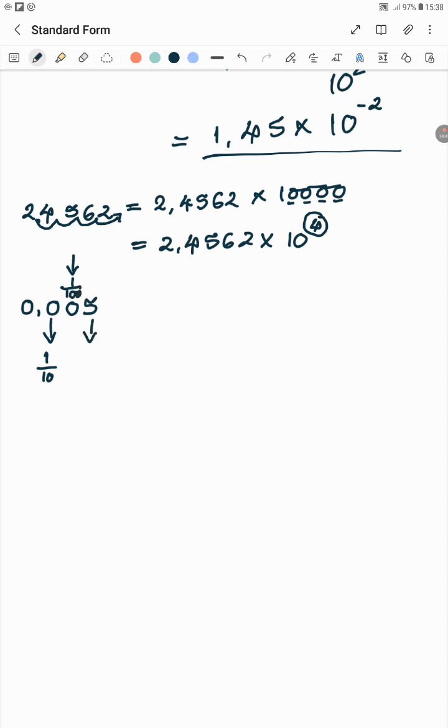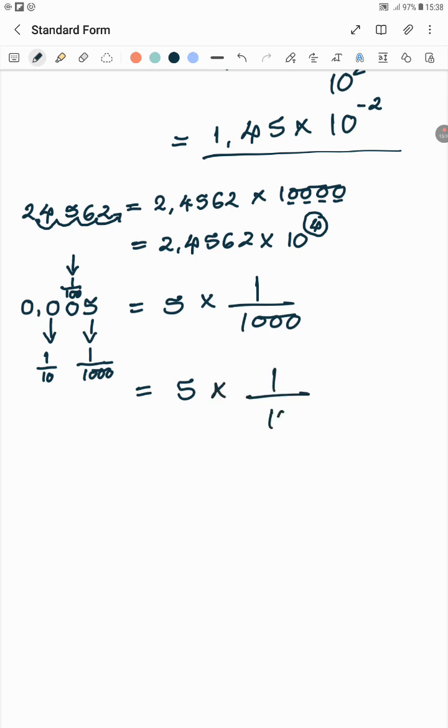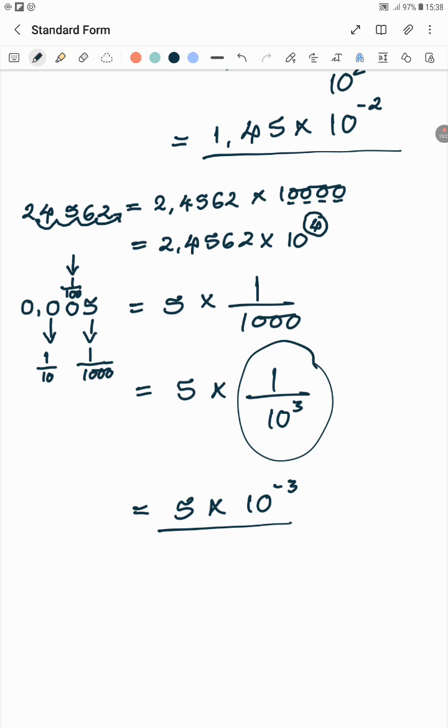And this 5 is under 1000th, like this. So when we pick this 5 as the first non-zero digit, we're going to multiply it by 1 over 1000. And if we simplify that denominator here, we're going to get 10 to the power 3. And if we find the reciprocal of 1 over 10 to the power 3, we're going to change the power to negative, and our answer becomes 5 times 10 to the power minus 3.